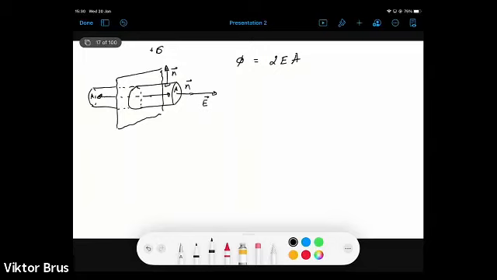And this A is the area of the side surface of the cylinder. And this is equal to the electric charge enclosed in this Gaussian surface. Because we have some sigma, a surface distribution of electric charge, the electric charge enclosed in this surface is sigma times A divided by epsilon 0.